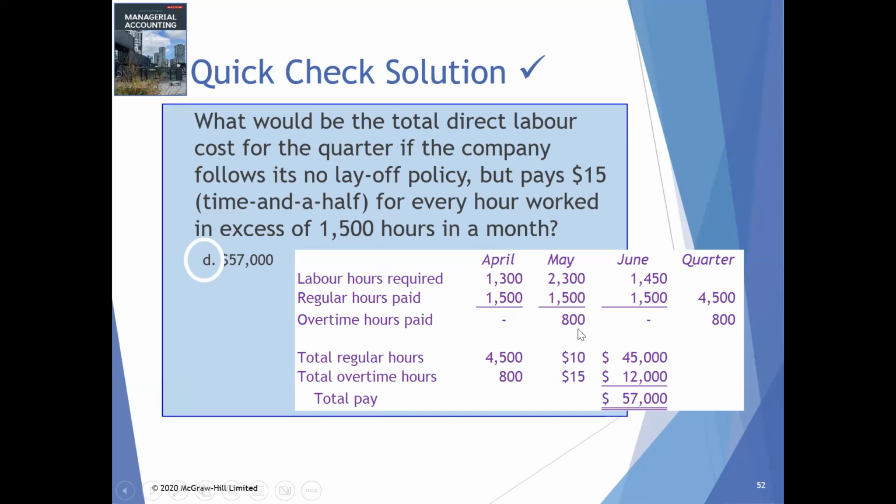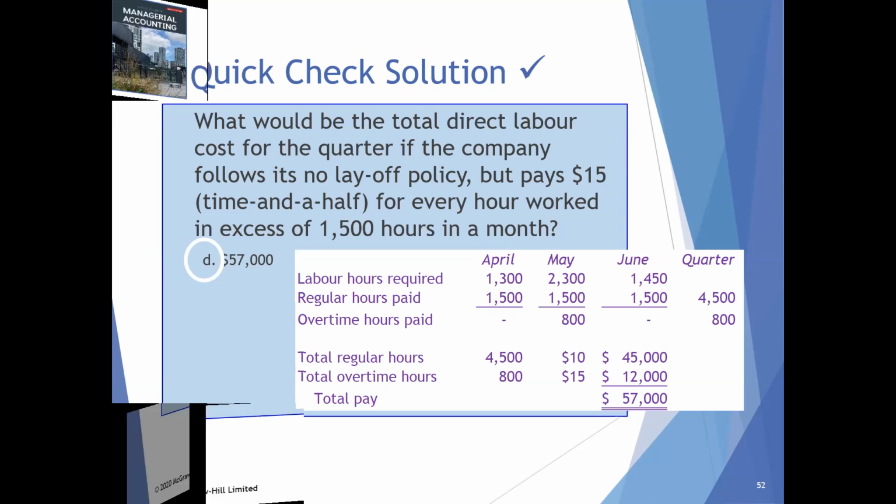We know that 800 is the excess amount, and the total is 4,500. So 4,500 into 10 gives 45,000, and 800 into 15 gives $12,000. So the total will be $57,000, right? That will be the direct labor budget.